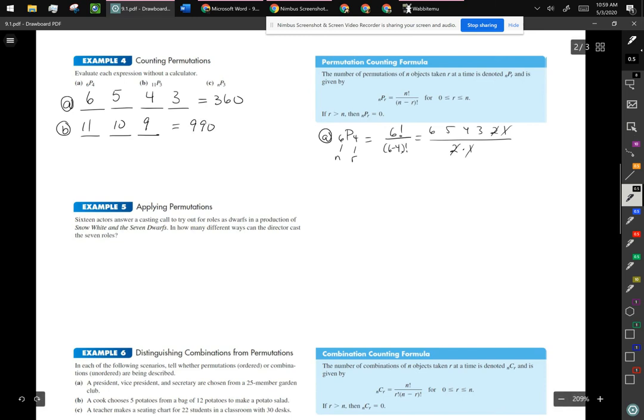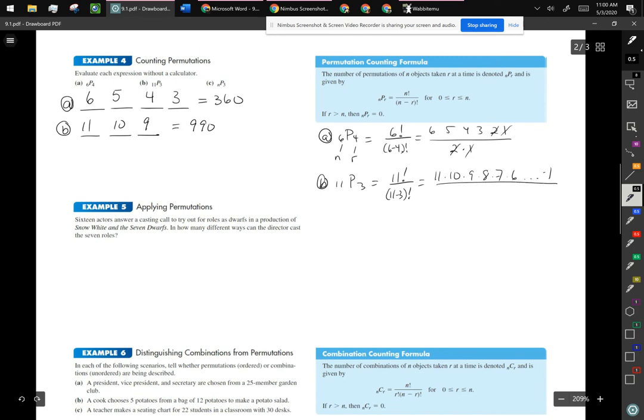Pretty easy stuff. And again, let's just demonstrate the formula. It'd be 11P3 is equal to 11 factorial over 11 minus 3 factorial. That'd be 11 times 10 times 9 times 8 times 7 times 6, all the way down to times 1.